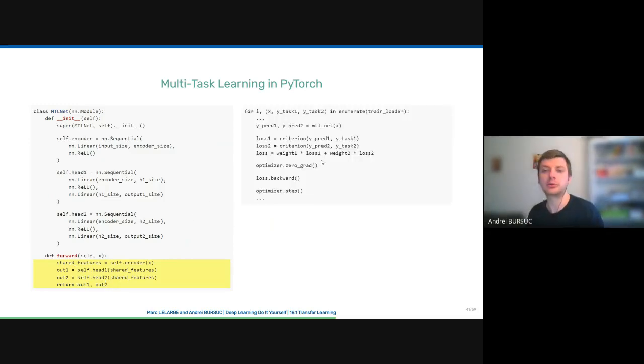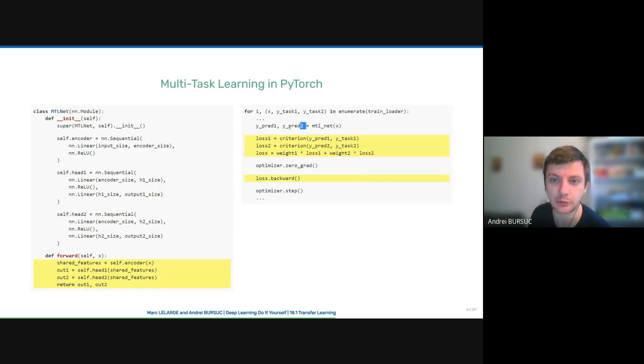Then for training, it's mostly as before in terms of the training loop, just that we will need to have annotations for both tasks, right? This can sometimes be one of the computational bottlenecks, because you need to load the data for each of the tasks. But here it's quite easy. We have just two tasks.